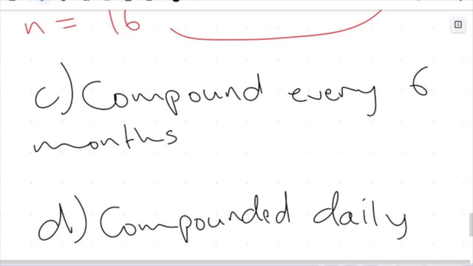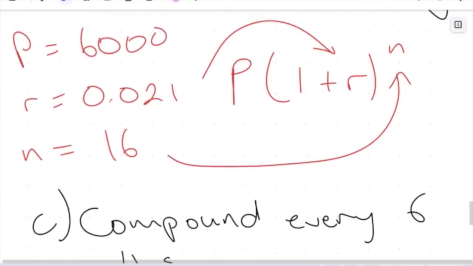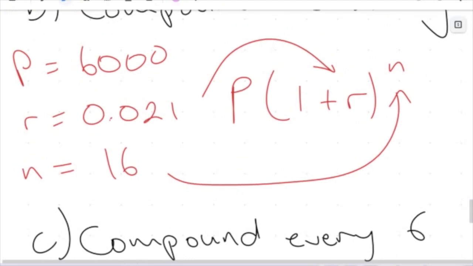You can even have a play around with these at home in your own time. I'm not going to do them here because I'm conscious of time, but just think about how many times would this thing compound in a year? And how is that going to change the rates and values in our formula as well as the n?